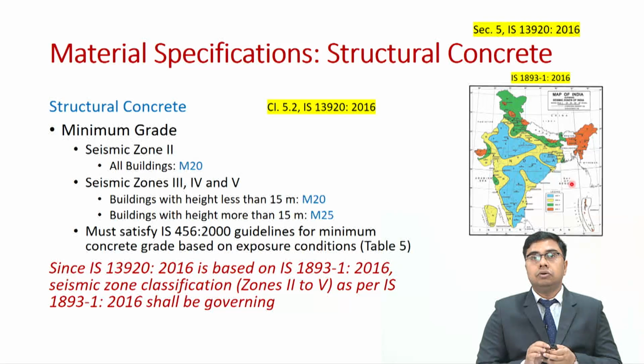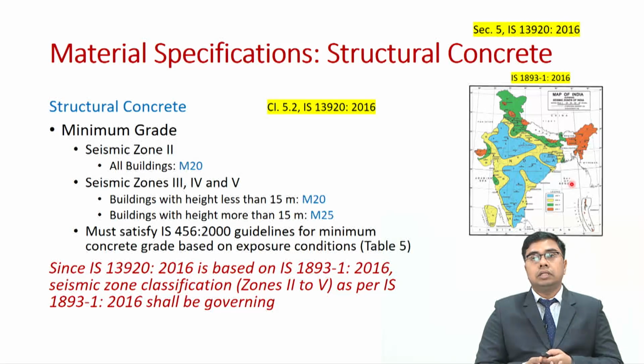Now since we are using the IS 13920 2016 version, as the new code is still not out, this code is based on IS 1893 part 1 2016. At that time, the 2016 code for IS 1893 comprised general provisions and buildings in part 1 itself.